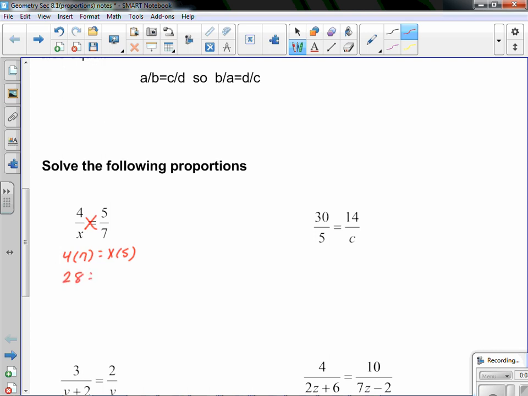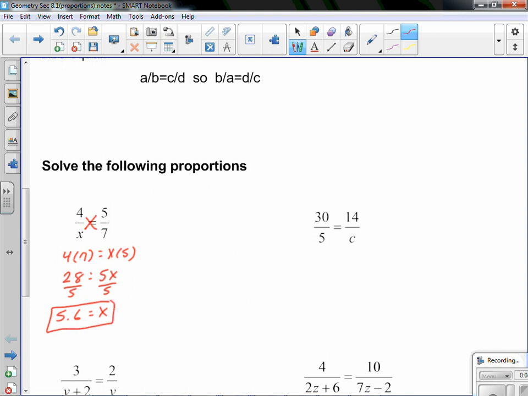That's 28 equals 5x. Divide by the 5 on both sides. And 28 divided by 5 is going to be 5.6 equals x.